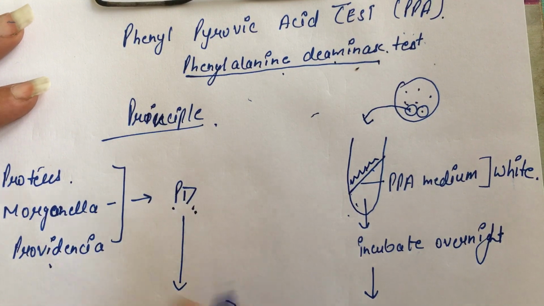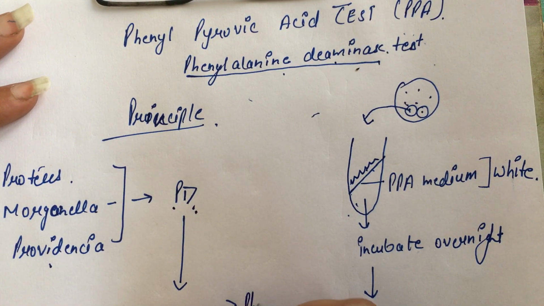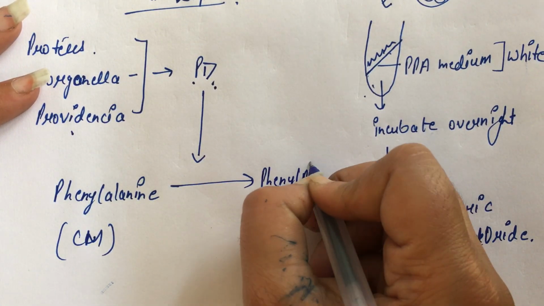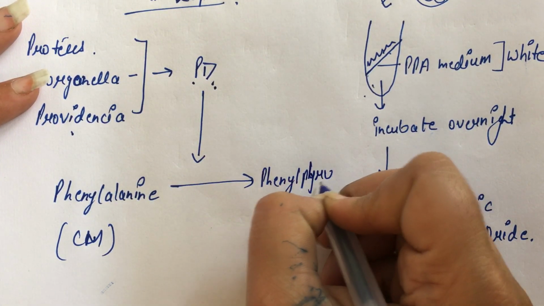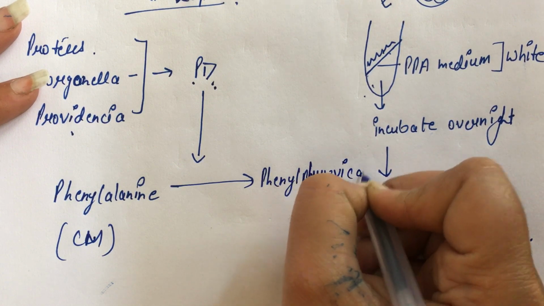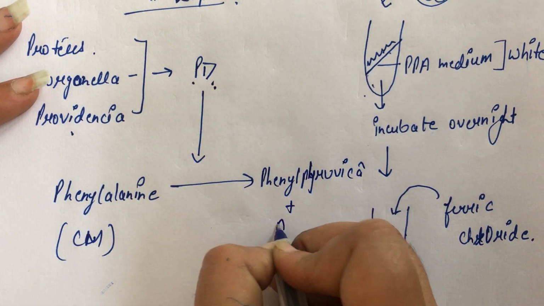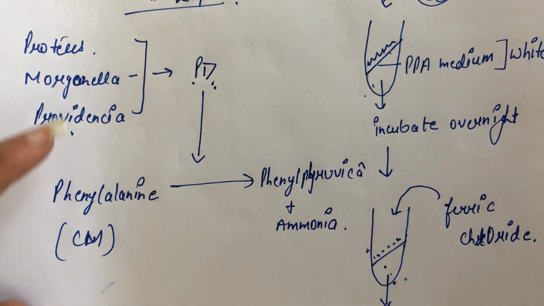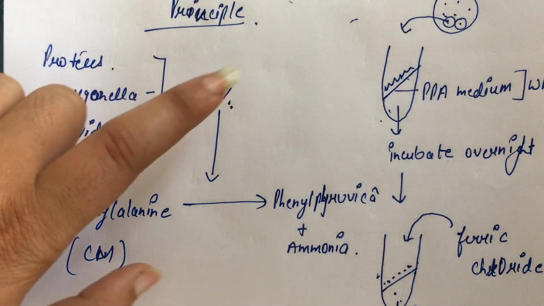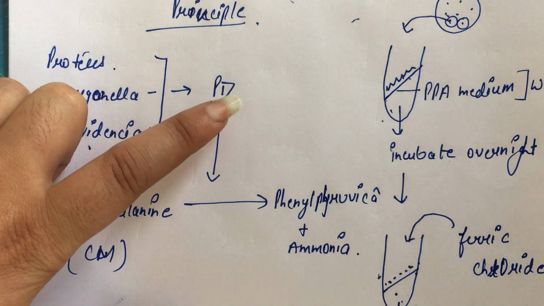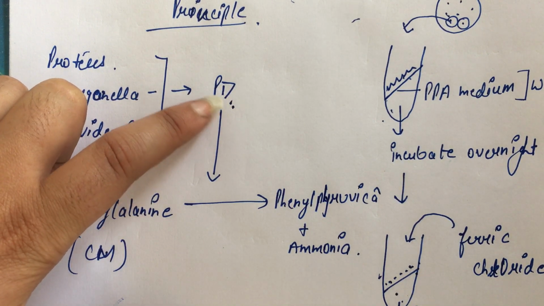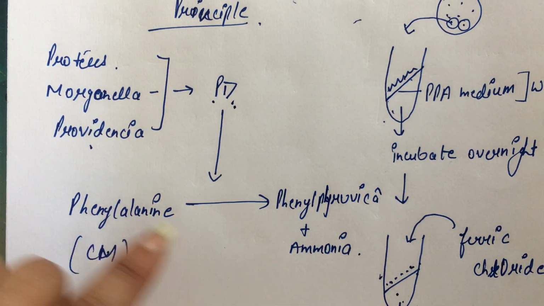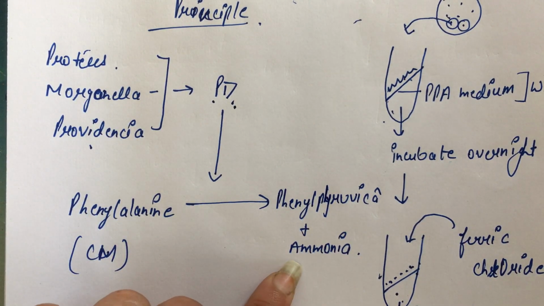It would convert this phenylalanine into phenylpyruvic acid plus ammonia.